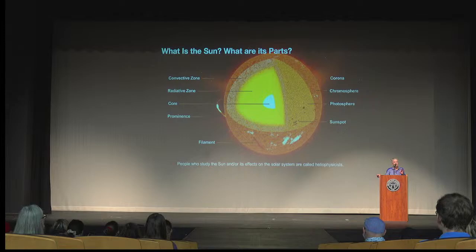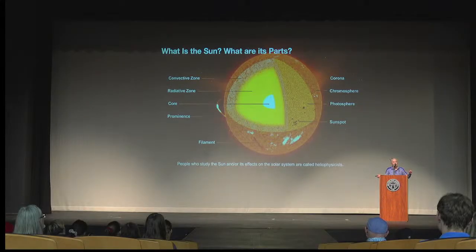That's fancy words. And then you start carrying energy through photons. So photons of light, high energy light, travel through this inner part. And then they get to a region that we call the convection zone, and then convection takes over.